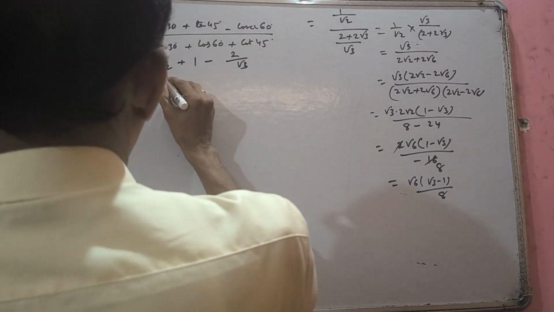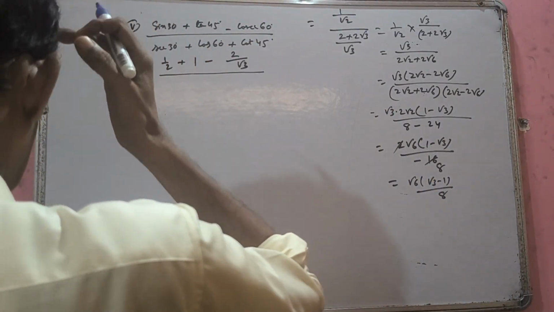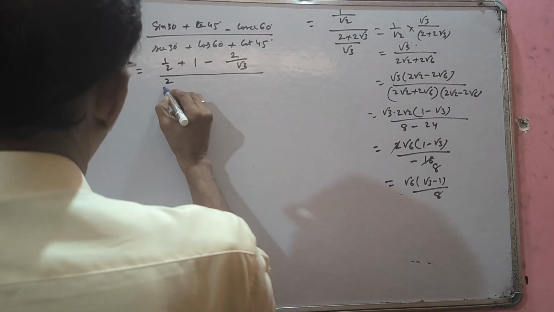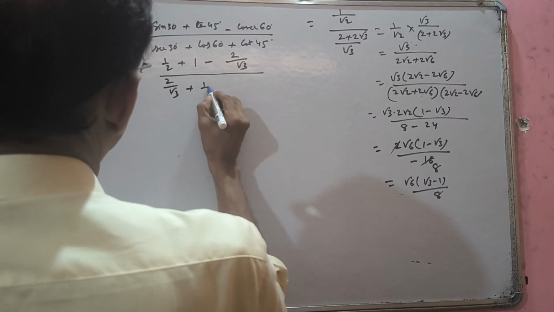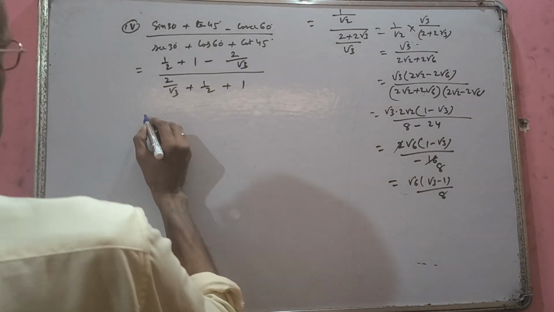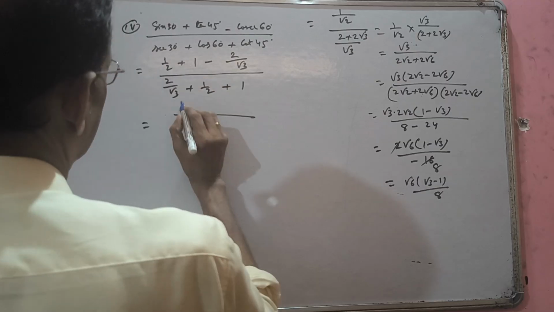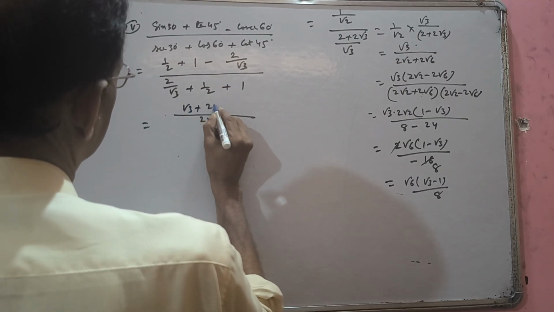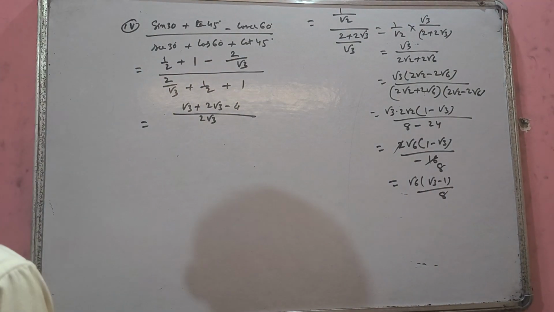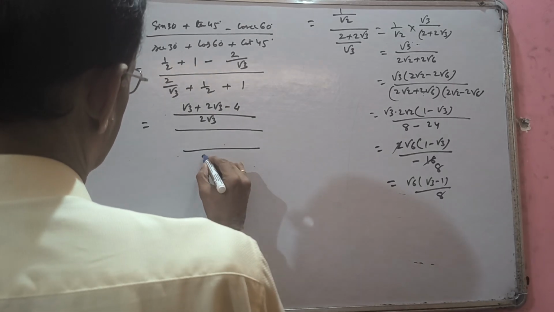Okay, by sec 30 degree, sec is reciprocal of cos and cos 30 degree is root 3 by 2, so 2 by root 3 again, plus cos 60 degree half plus cot 45 degree 1. So the LCM is what? 2 root 3 the LCM. How much will we get here? Root 3 plus 2 root 3 minus 4. Root 3 cancel. What is the LCM here? 2 root 3 again.